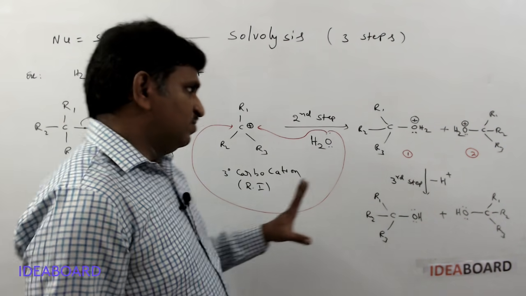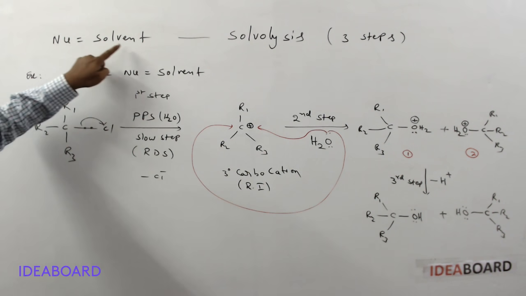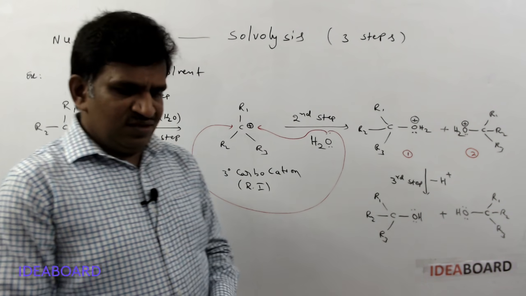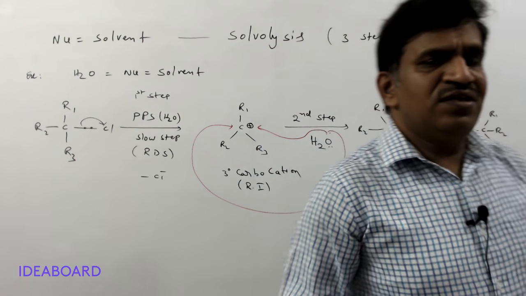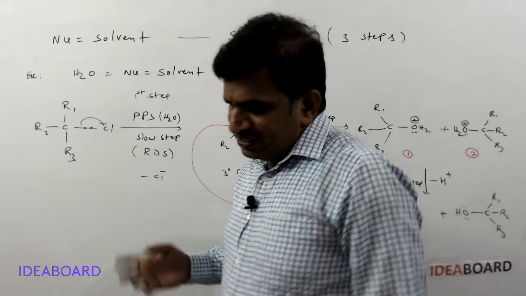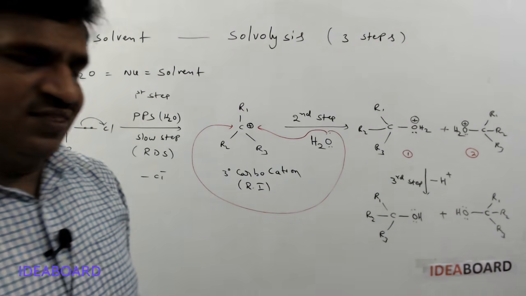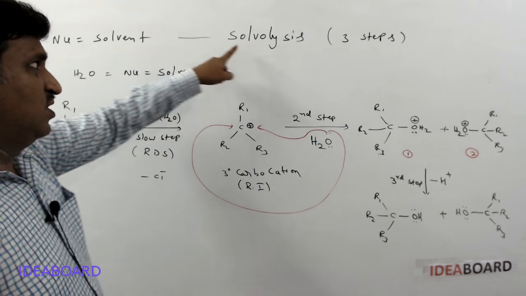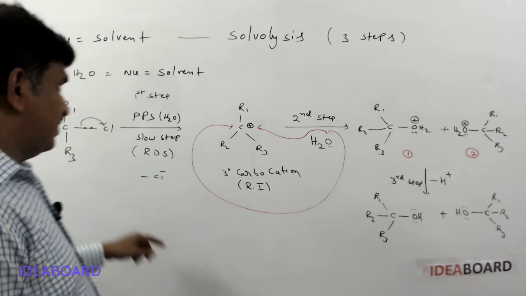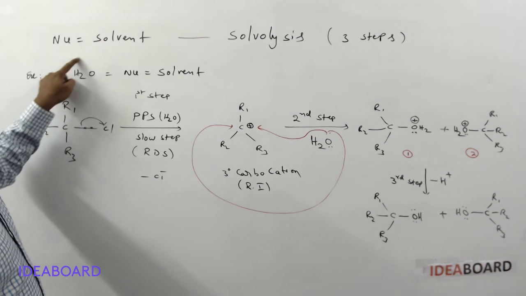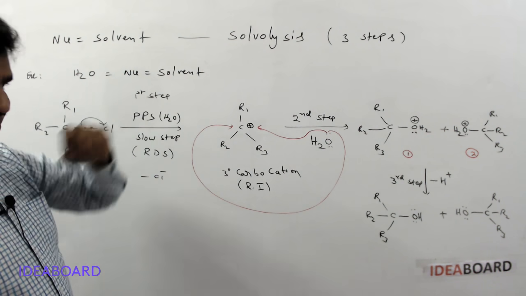Please remember, if the nucleophile is a solvent, or the solvent taken in the SN1 reaction itself acts as a nucleophile, then those reactions are called solvolysis reactions. For example, H2O is acting as a nucleophile and as a solvent.